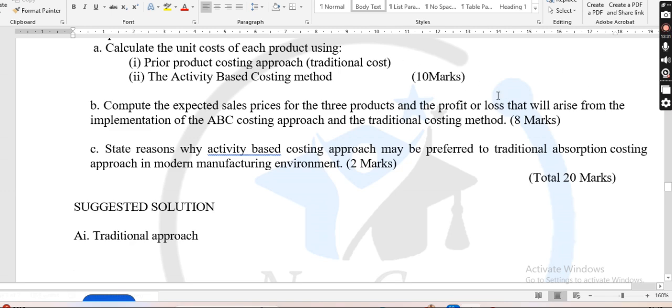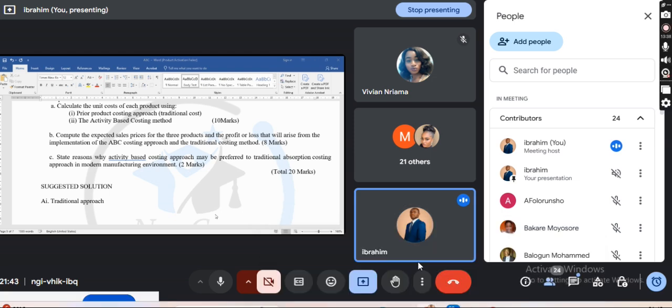Now, what you want to determine is your overhead unit cost. Since they just mentioned unit cost, in the traditional approach it is your overhead, and you want to determine the unit cost of that overhead.